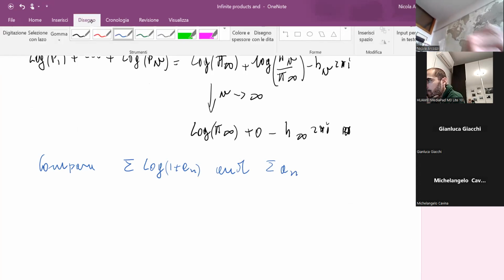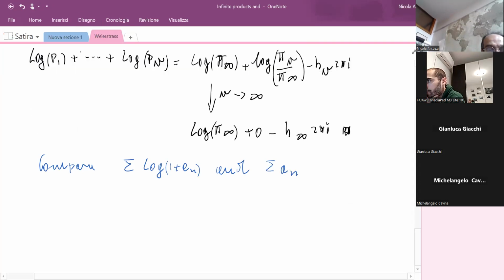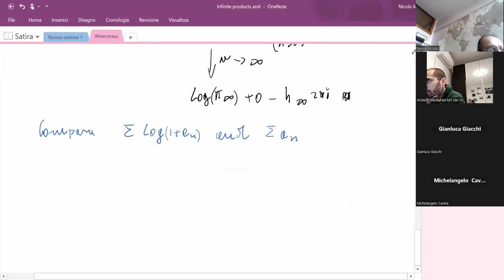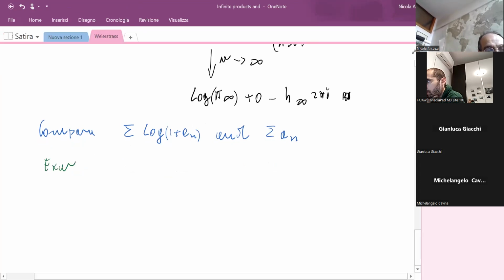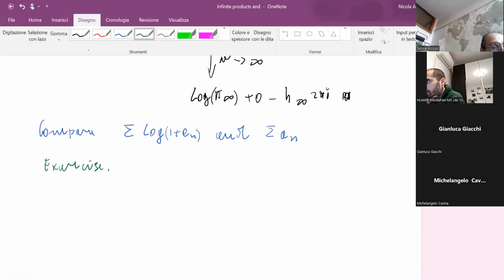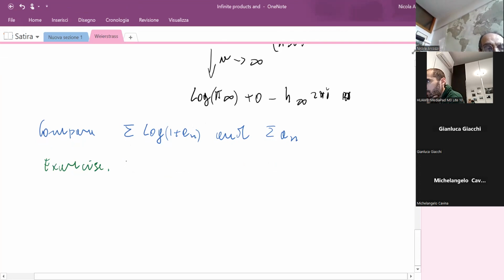Okay, first, already in calculus 1, if you do the, okay, I leave it as an exercise. When I scan my notes, there is a solution to the exercise.